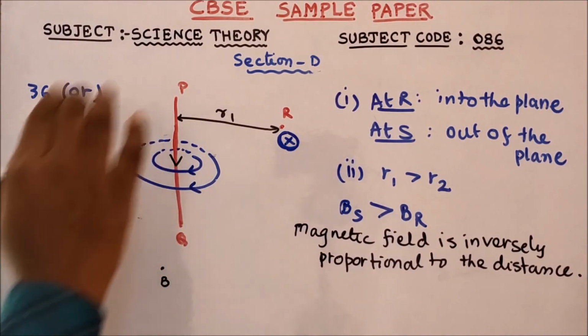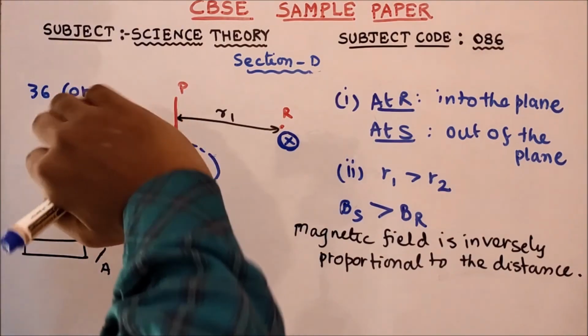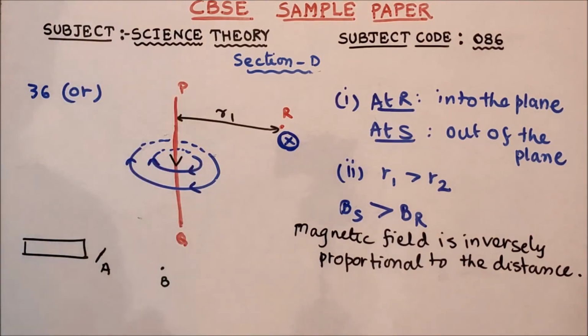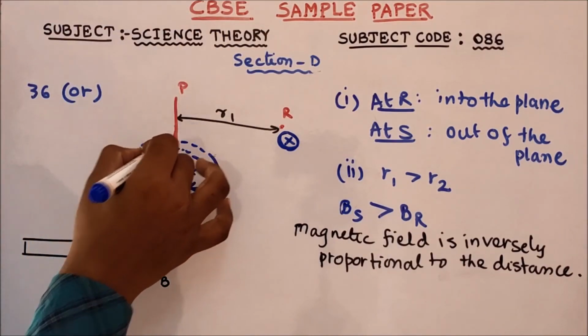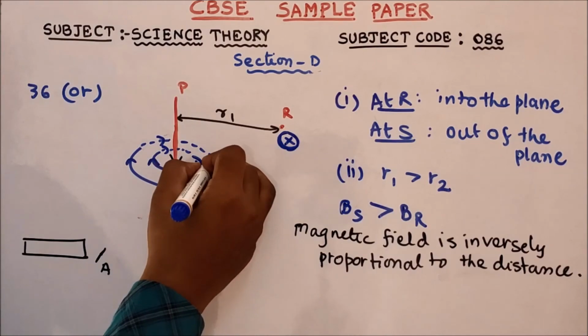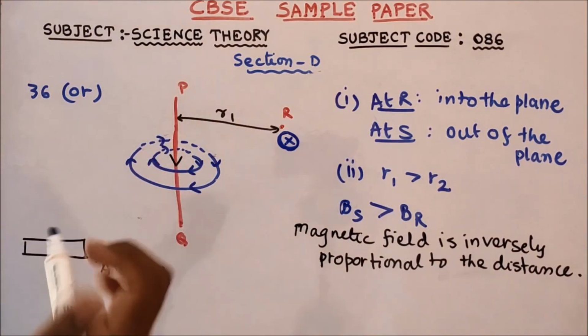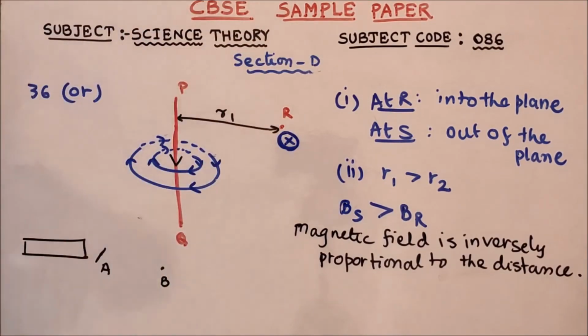On the left side they are entering the plane, and behind the conductor they are moving from left to right, and here they are coming out. You can use your right hand to find this. Now compare with the earlier diagram. You see the direction of the magnetic field lines has reversed.